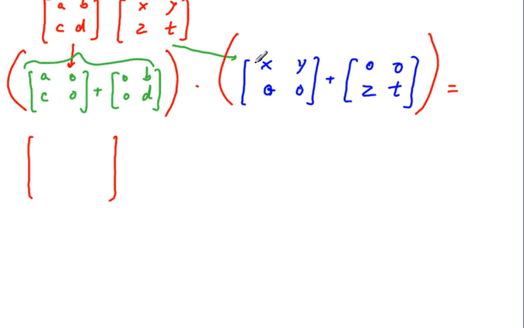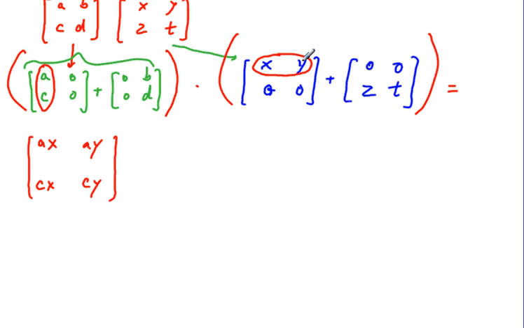So A times X, A times Y, C times X. So I took that. Now really, if you want to do the complete job, you have to say A0 times X0, that's just AX.